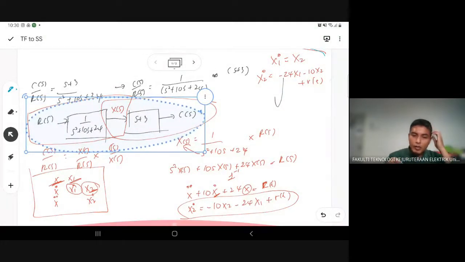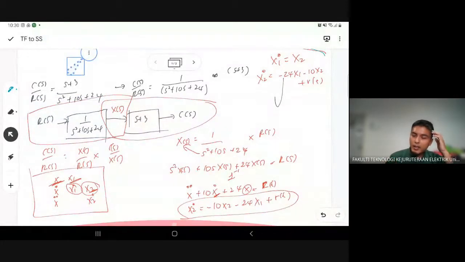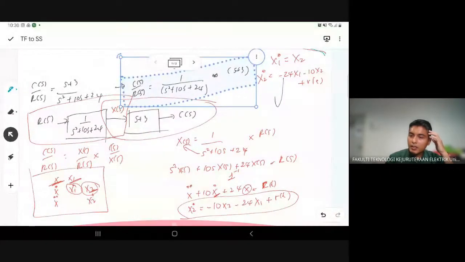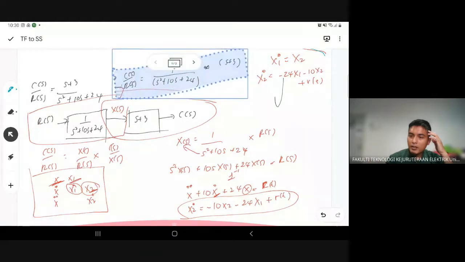So you have the question here, and then after that you need to separate the transfer function into two parts, the numerator and denominator part.